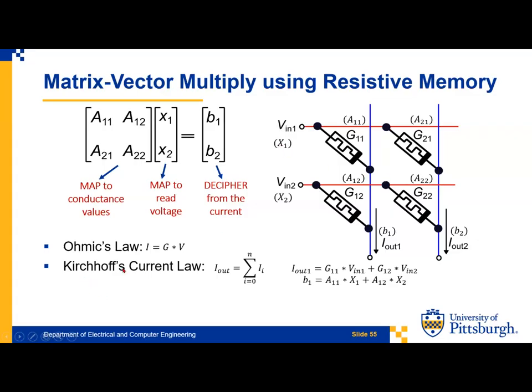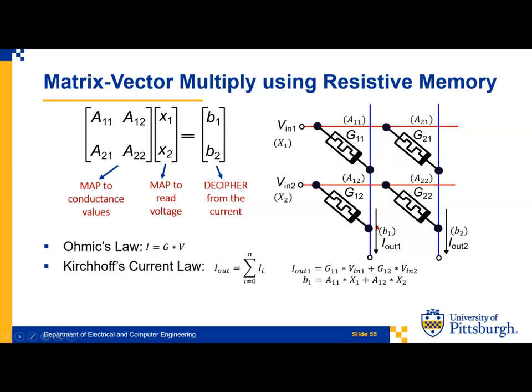And follow Kirchhoff's current law, the current out here is the summation of all currents. So the result, the B1 result, will be A11 times X1 plus A12 times X2.